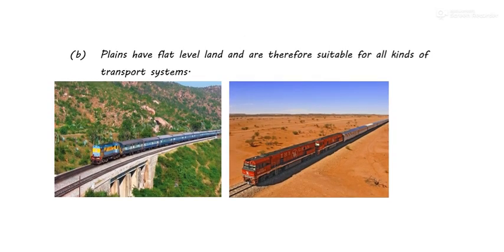The second point is that plains have flat level land and are therefore suitable for all kinds of transport system. Now, we live in plains, and there are very few instances that we see roads which are not plain, right?